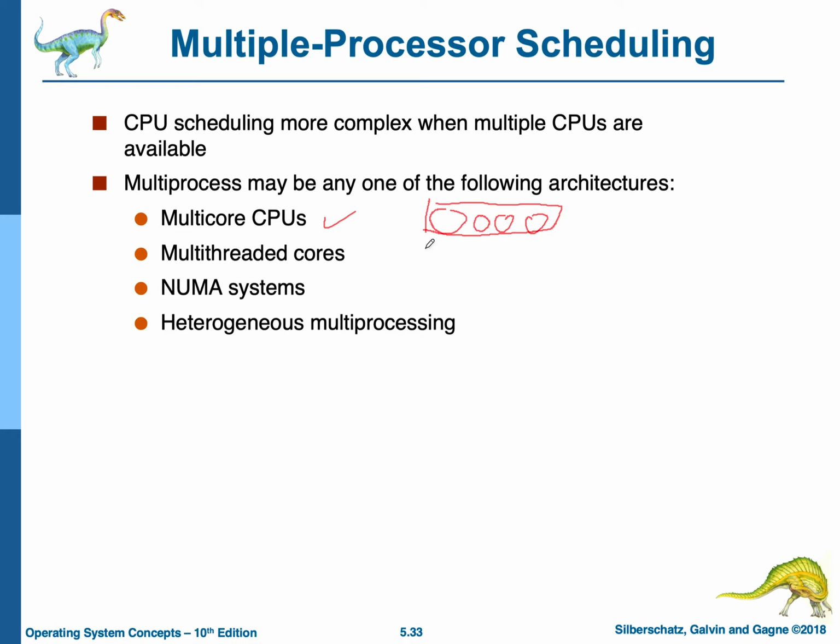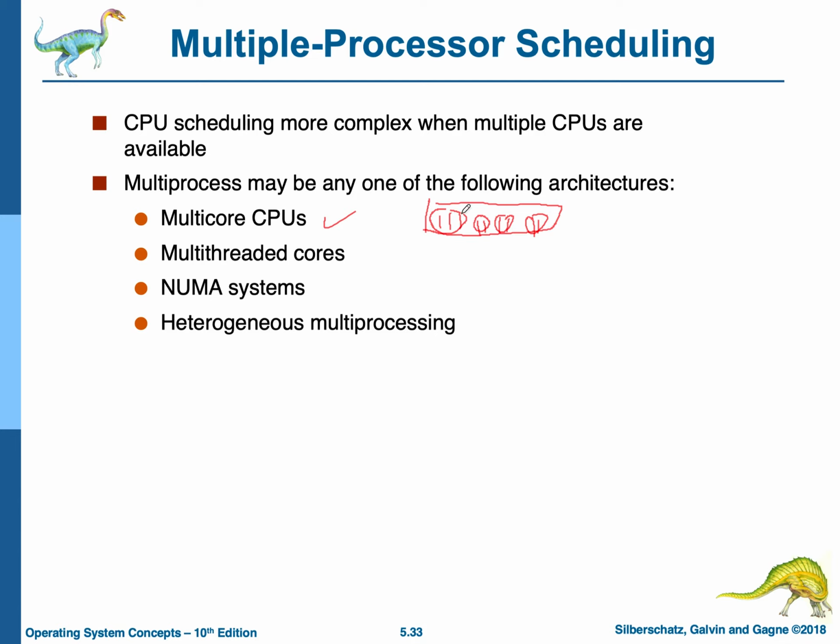And we can also have multi-threaded cores, which means that each core can run multiple threads at a time, maybe 2 threads at a time. And we also have non-uniform memory access, where every CPU core has a queue, a cache, or a memory portion assigned to it.